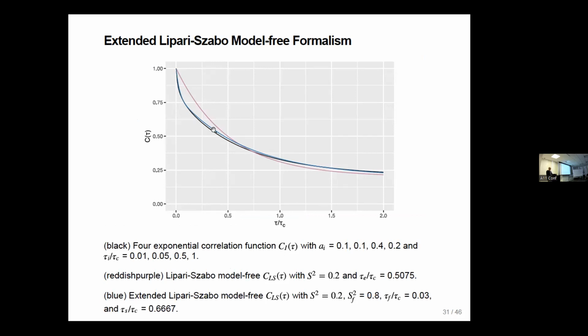And then blue is the 2 exponential approximation. And now you can see 2 exponentials are a quite good approximation to this 4 exponential autocorrelation function. And as I said, 2 order parameters, 2 timescales, and overall tumbling is about the best we can do with, at least within 15N data at high field.